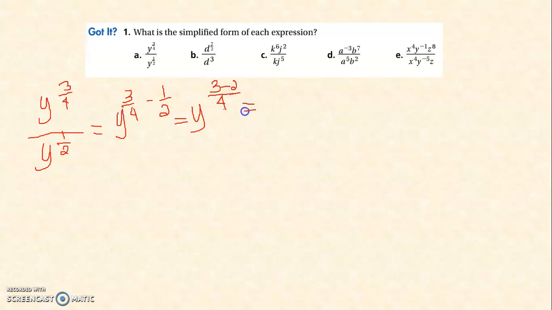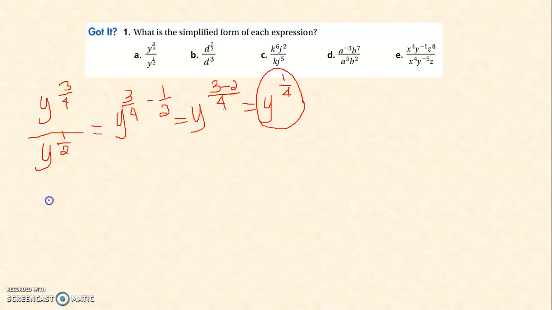So you now have y raised to 3 minus 2, that is 1, and then you have 4. That is now the answer: y raised to 1/4. That is subtracting fractions.